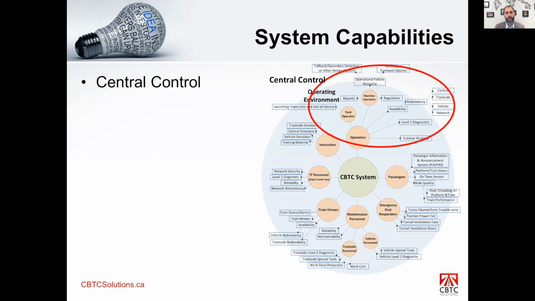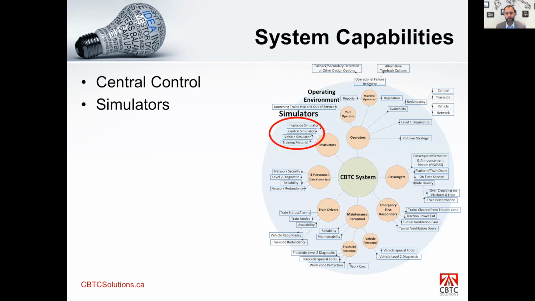So when we're defining CBTC capabilities, we're going to try to create some bigger topics. If we look at the operators, we realize that all their concerns and priorities are issues related to central control. So we create a topic called central control, and everything in the red circle there would fall under this category.